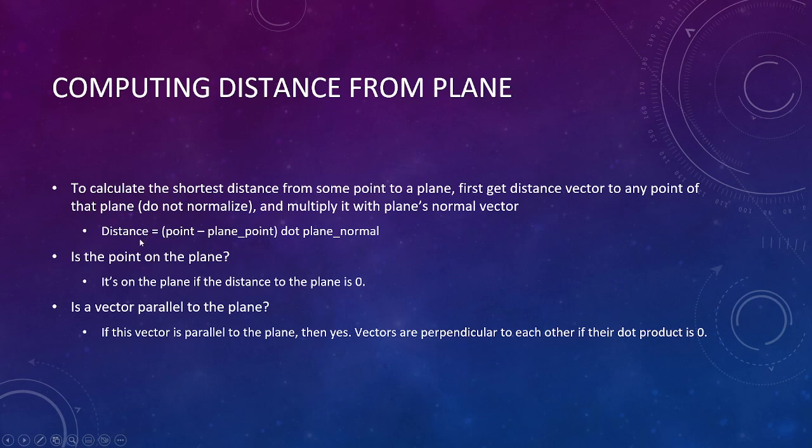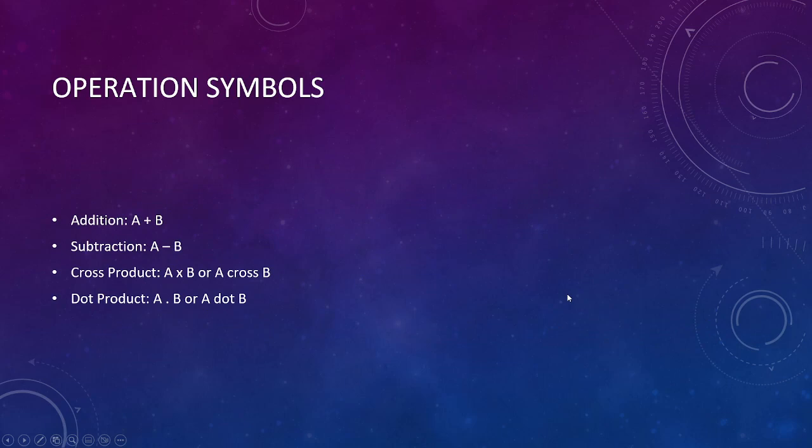Then we use dot product, the point minus plane point getting distance, and then we dot it with the normal of our plane. So is the point on the plane? It's on the plane if our distance is 0. Is a vector parallel to the plane? If this vector is parallel to the plane, then sure, it is. Vectors are perpendicular to each other if their dot product is 0. Alright?